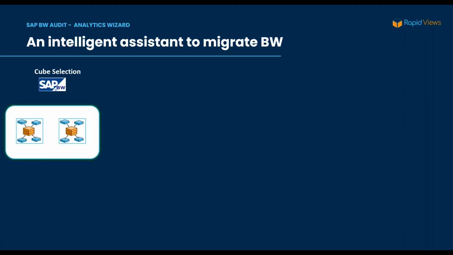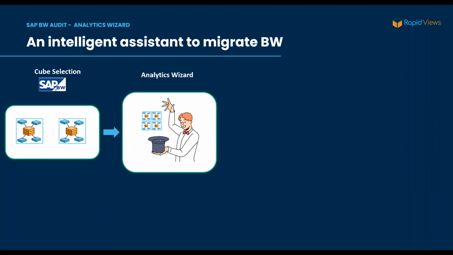As we provide advanced business content on ECC, S/4, and SAP Datasphere, and we now have the ability to audit your BW legacy system, what if you could import all your BW cubes, select them, and put them in a kind of analytics wizard?